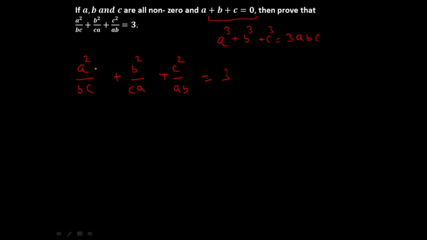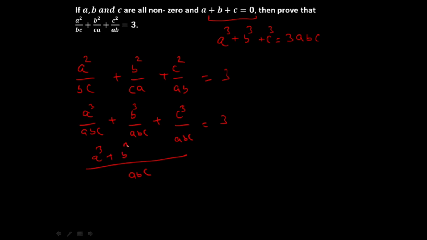or you can do one more thing here. Multiply this by a and divide by a. I will be getting a cube over a times bc. Same here, multiply this by b and divide by b. I will be getting b cube over abc. Same with that, multiply and divide by c. So I will be getting this value. Now take LCM. The LCM is abc. I will be getting here a cube plus b cube plus c cube.